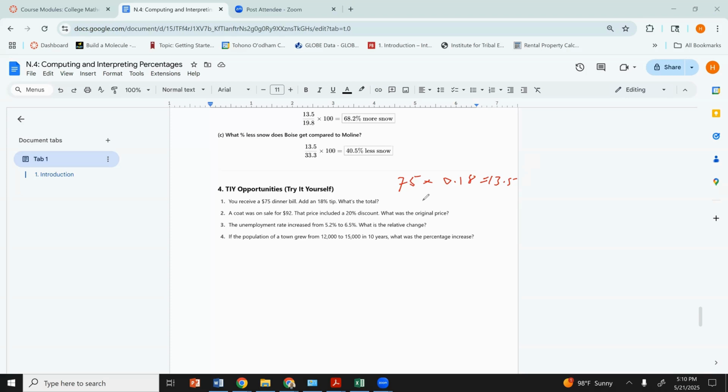And if you have 13.5, you want to know the total, so you add 75 plus 13.5, which comes down to 88.5.